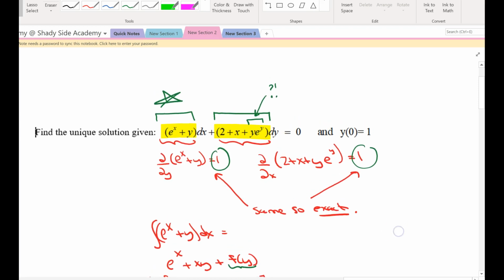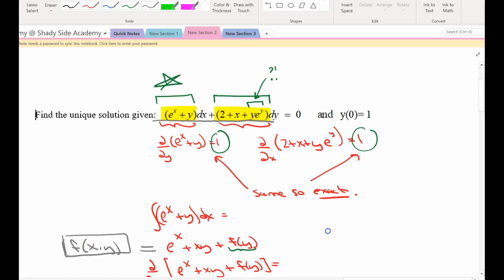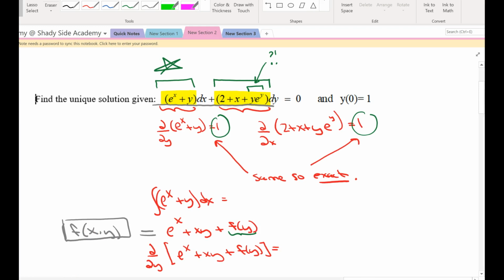I think what I want you to do right now, this is still early for us, make a reminder to yourself. Make yourself understand that what you're finding here on the left-hand side is the function whose total differential is this. We're just working the left-hand side. That way you don't forget it and lose it, because this work is very, very long. Okay, now I'm going to take the derivative of f of xy with respect to y.